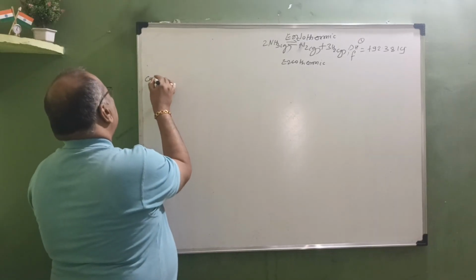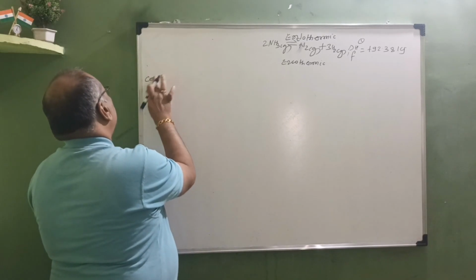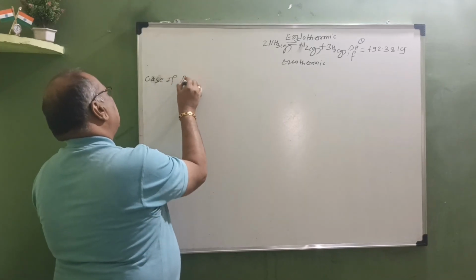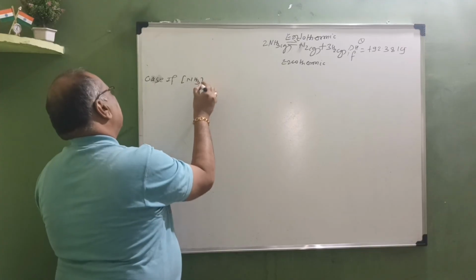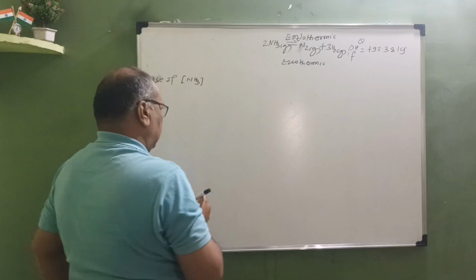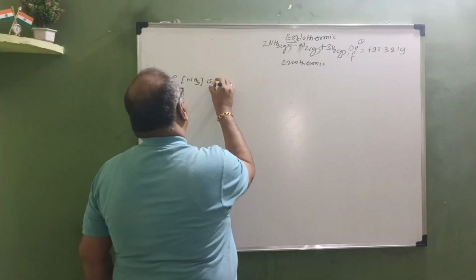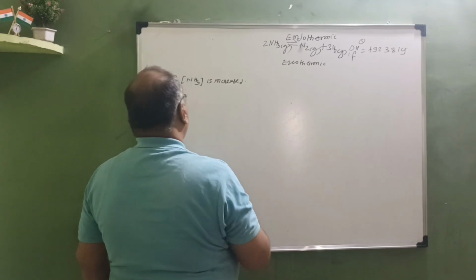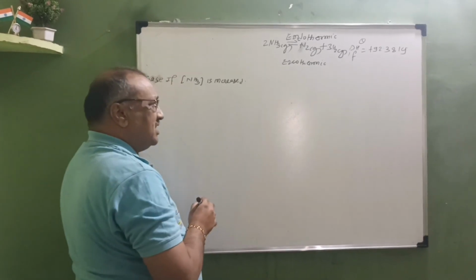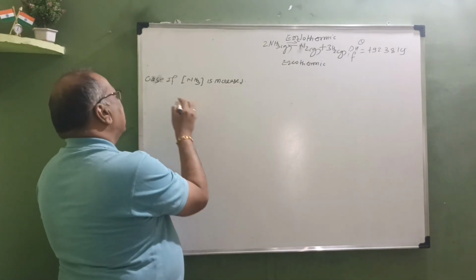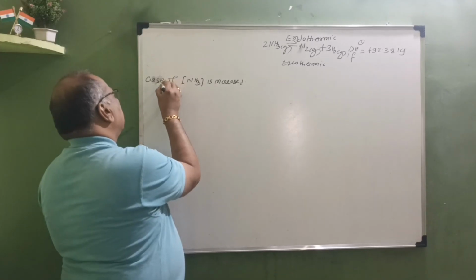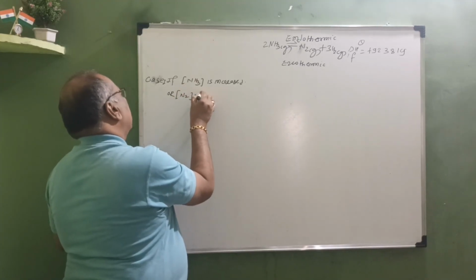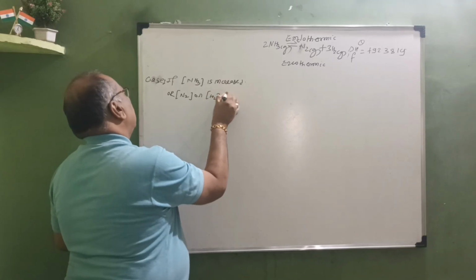Here write down case 1. If concentration of NH3 is increased, here NH3 is the reactant, that means concentration of reactant is increased, or concentration of N2 or concentration of H2 is decreased.